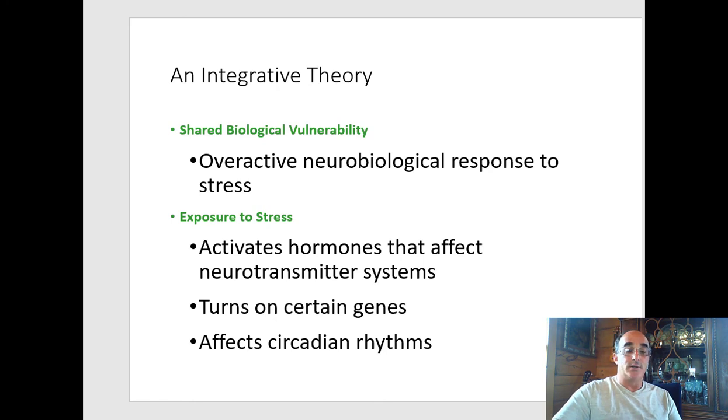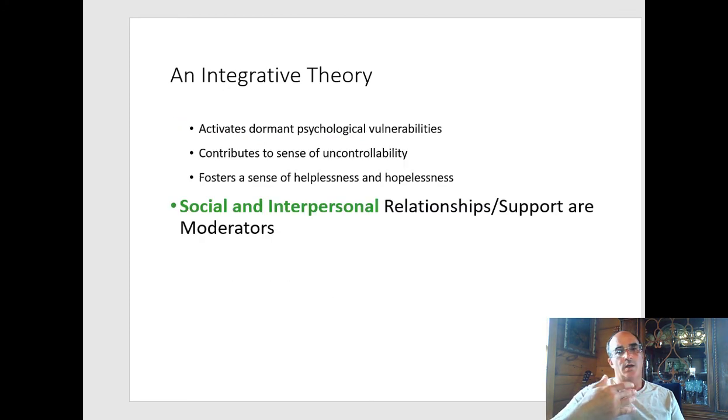So there is a significant biological component, and those are connected to stress. This exposure to stress activates dormant psychological vulnerabilities and contributes to a sense of uncontrollability and fosters a sense of hopelessness and helplessness. Again, social and interpersonal relationships and support are the moderators for good outcomes.